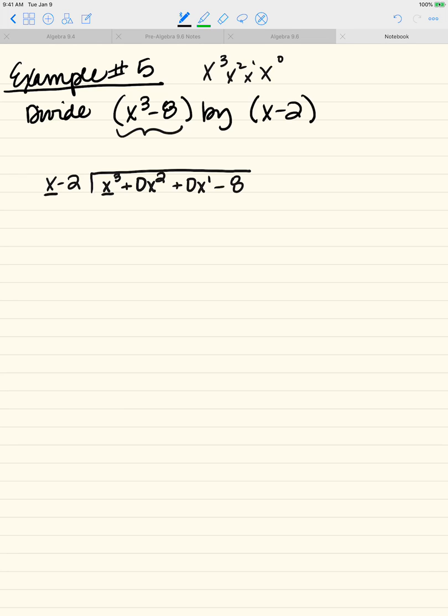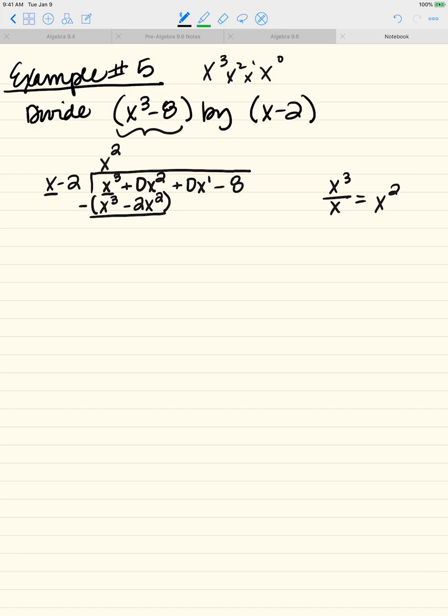x cubed divided by x is x squared. Hopefully this is getting very routine at this point, okay? Multiply x squared by the entire x minus 2 binomial. So x squared times x is x cubed. x squared times negative 2 is negative 2x squared.